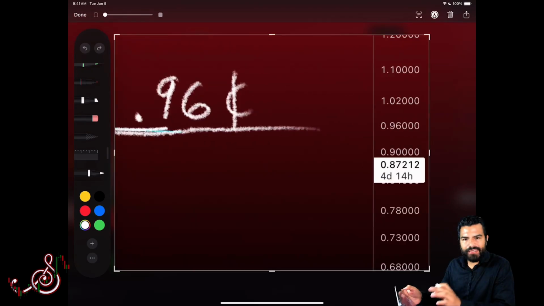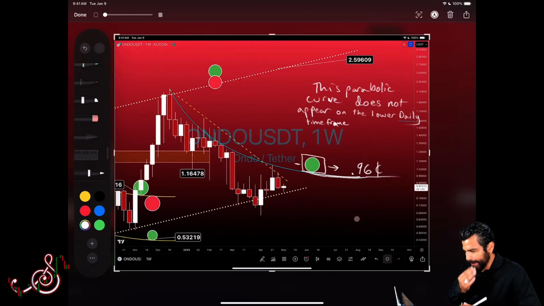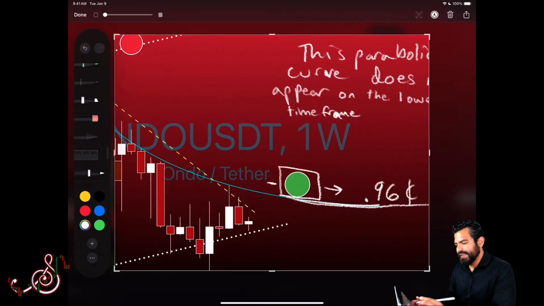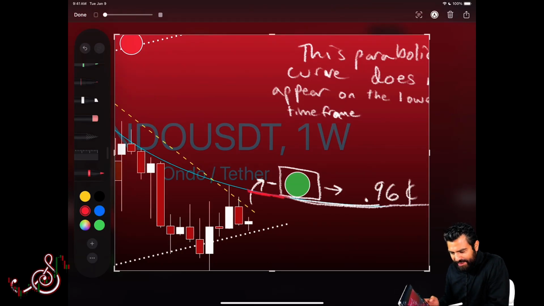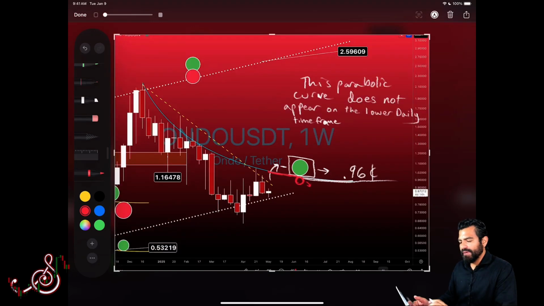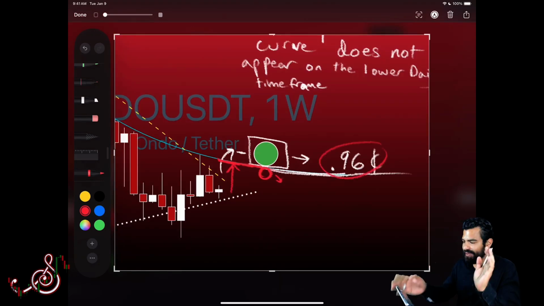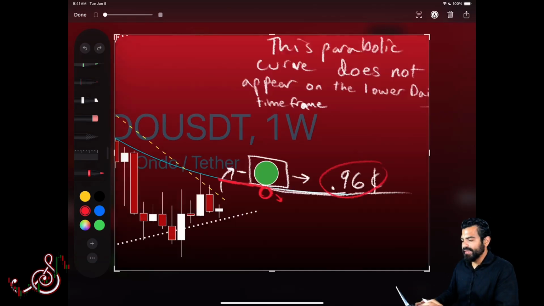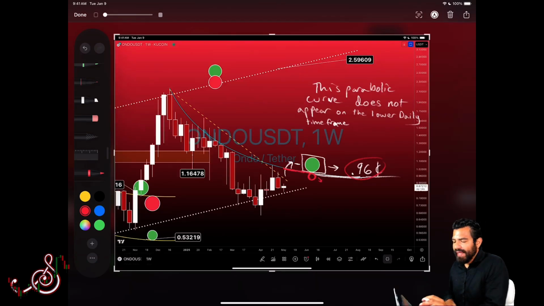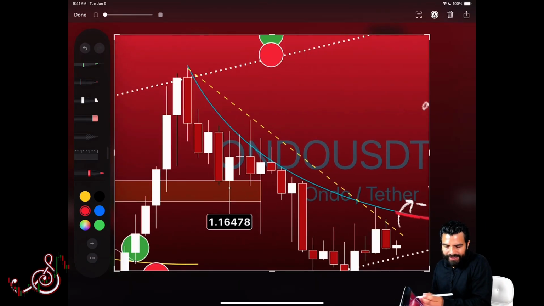So somewhere around these prices, you're going to need this to break out. If the USDT.D is bullish, you've got a chance for that breakout. But we also need to remember it hasn't happened just yet. Weakness is just as underneath there as well. I would be looking to hover 96 cents. If I see it go up to 96 cents, I'm not going to be super impressed with the USDT.D being where it's at. But I am going to be looking and saying, hey, this weekly curve is here.